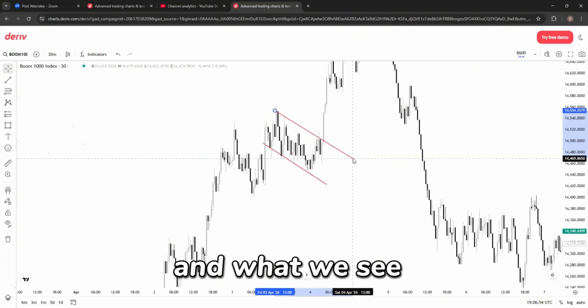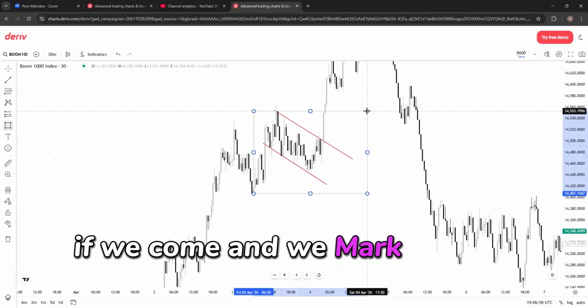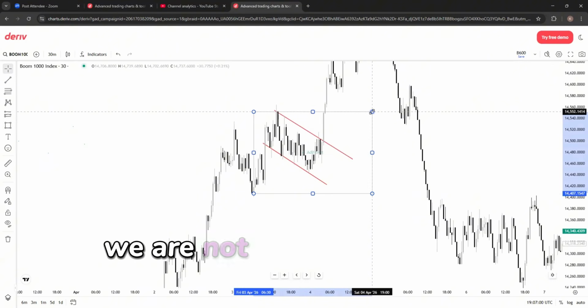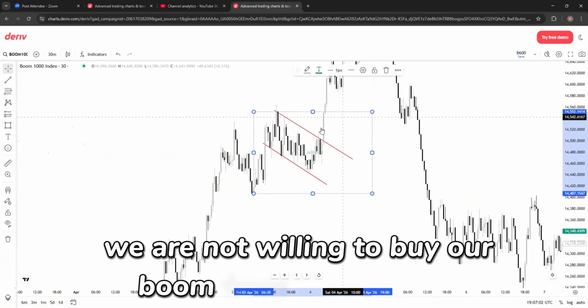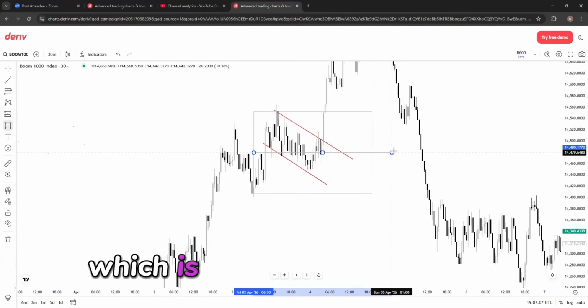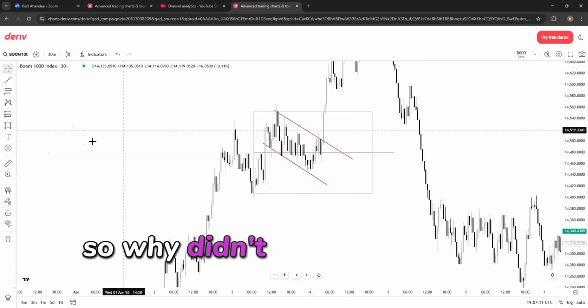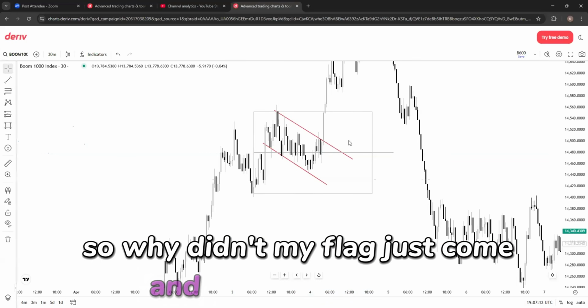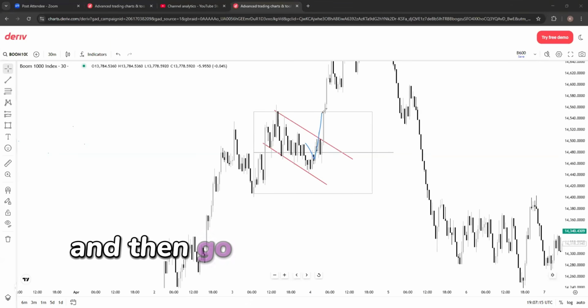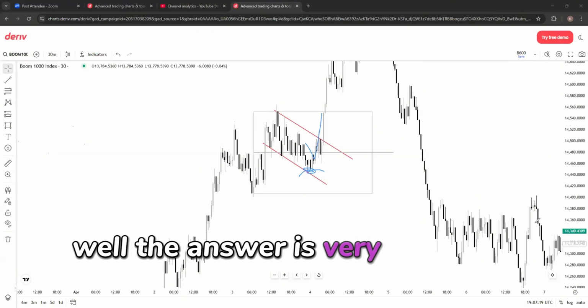And what we see is if we mark our high and our low, we are not willing to buy our Boom from the premium. Rather, we want to buy it from the discount, which is where price came. So why didn't my flag just come and buy from this area and then go? Why did it choose to come here? Well, the answer is very simple.